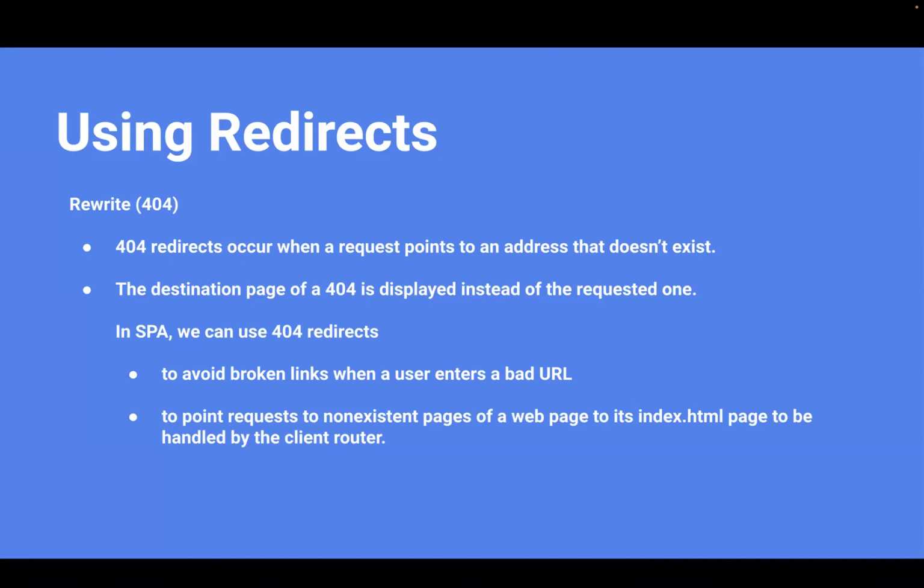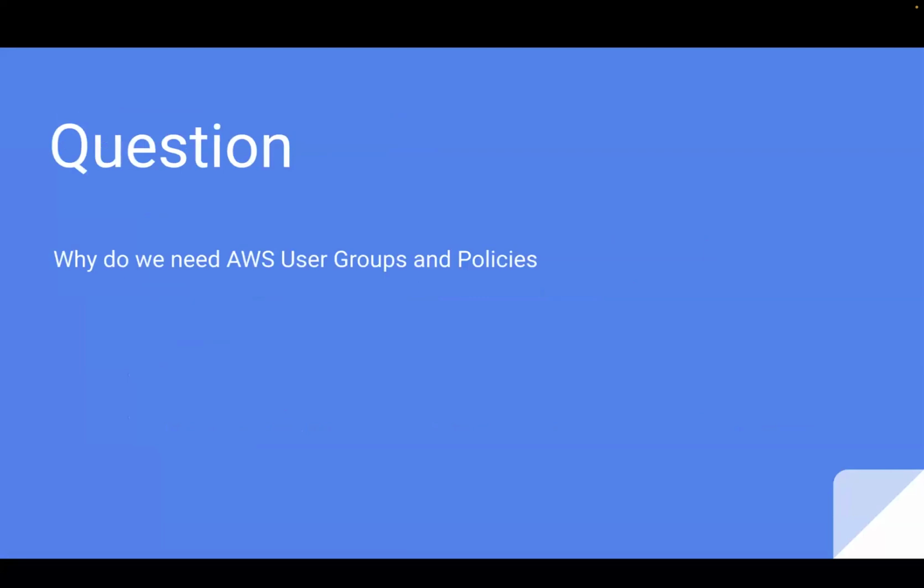Before that, there is a question here. I'll just leave it and wait to hear from someone if they have an idea or something to share before we proceed. The question is, why do we need AWS user groups and policies?